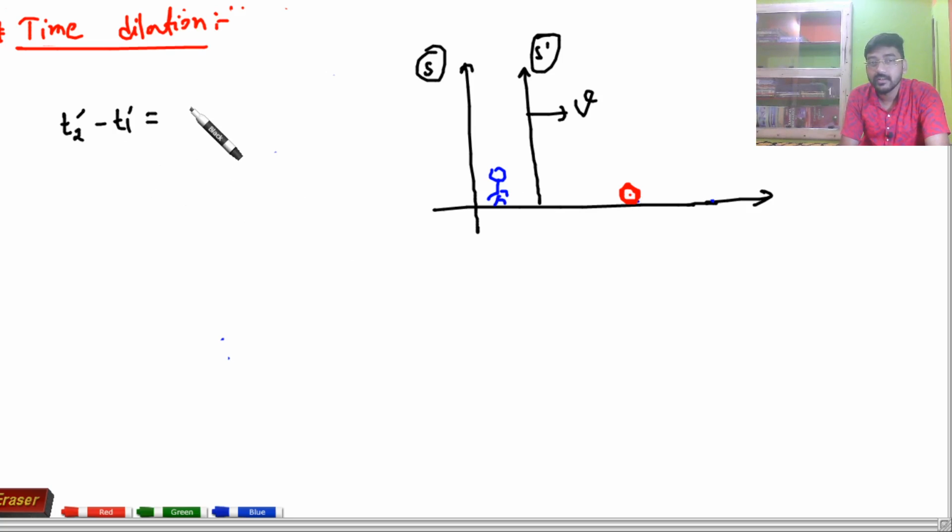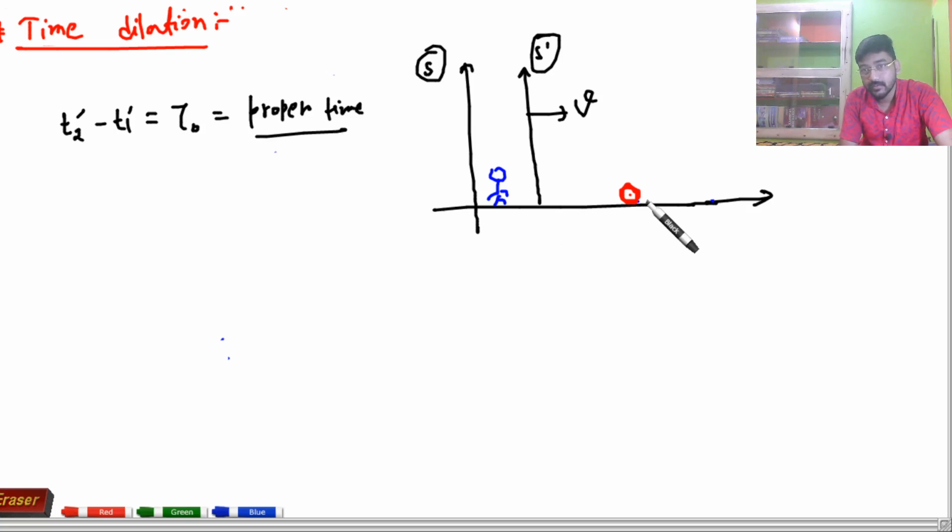This is tau naught, the proper time. Proper time is that time interval which is measured in the rest frame of the clock, when the observer and the clock are in the same frame.